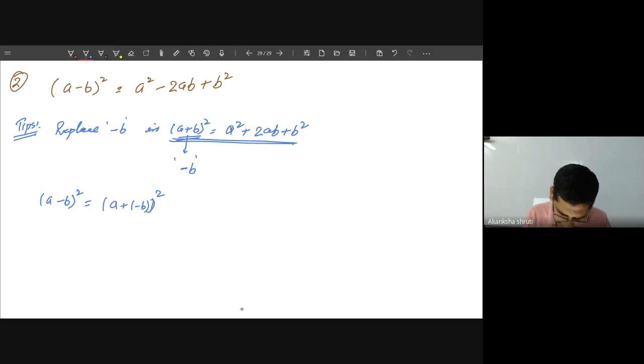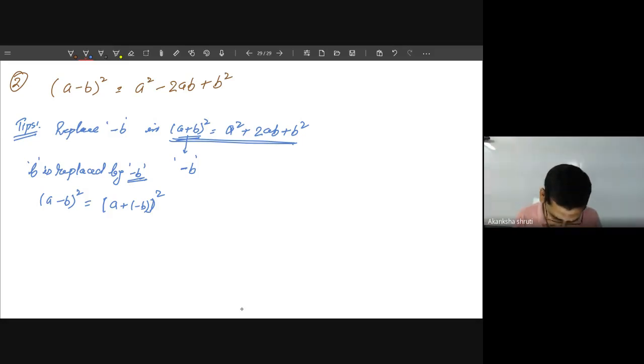It simply means that b is replaced by minus b. Only this thing you have to keep in mind. You will get the identity for the negative term very easily.